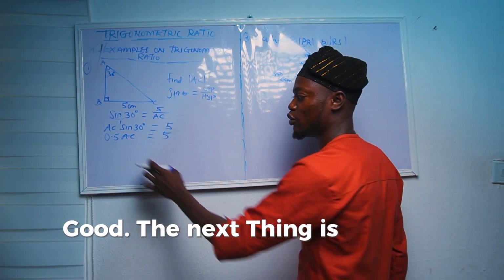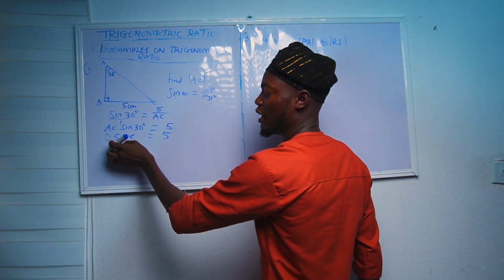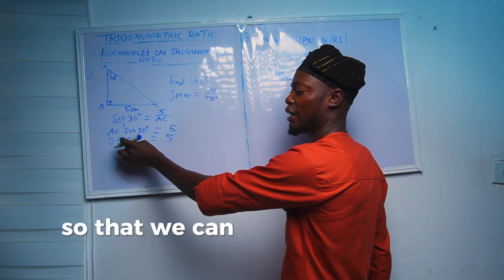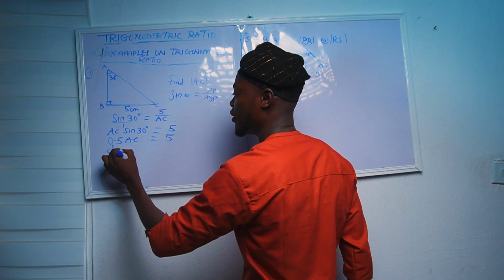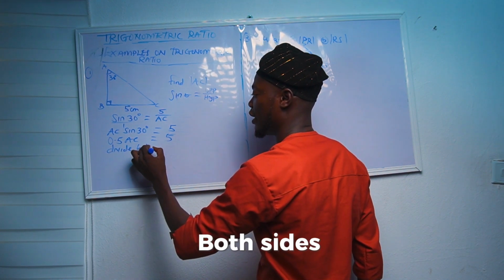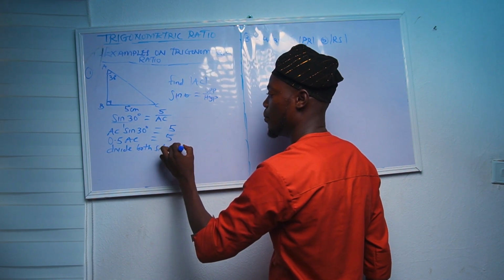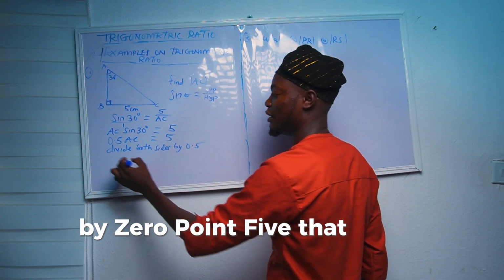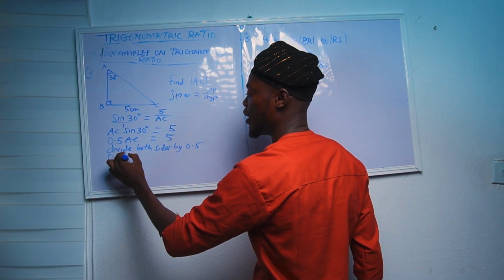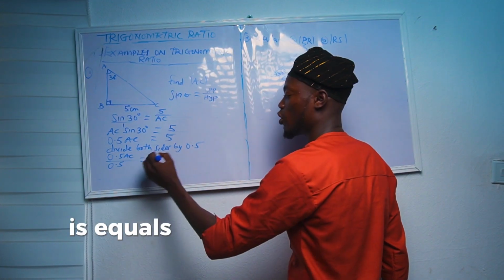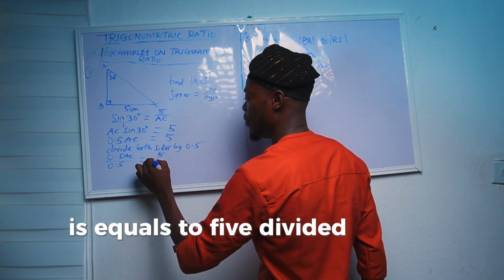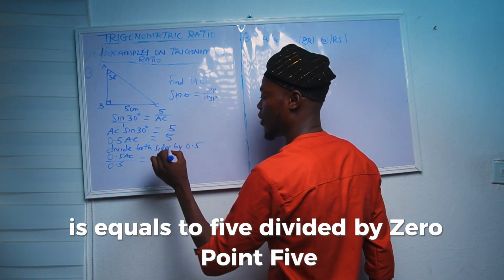Good. The next thing is to divide both sides by 0.5 so that we can get our answer for AC. So we divide both sides by 0.5. That is 0.5 AC divided by 0.5 is equal to 5 divided by 0.5.